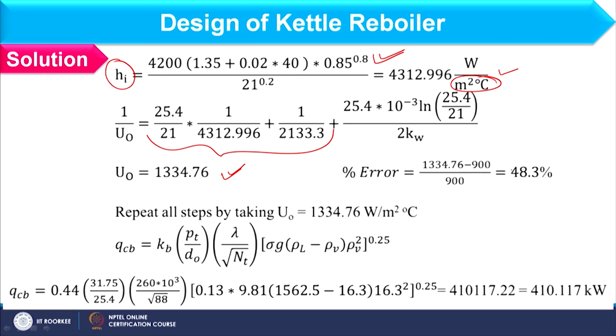And if you compare this with the initial guess, you can find the error as 48.3%, which is more than plus minus 30%. So, ideally we should repeat all the values depending upon the U value as 1334.76, right.